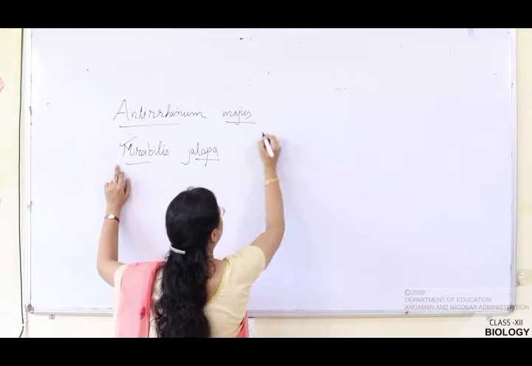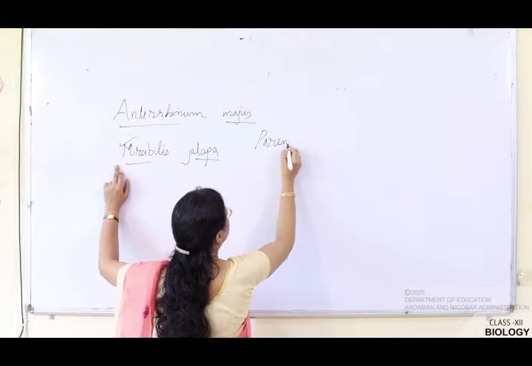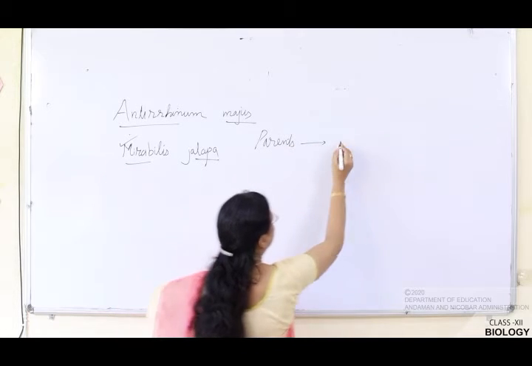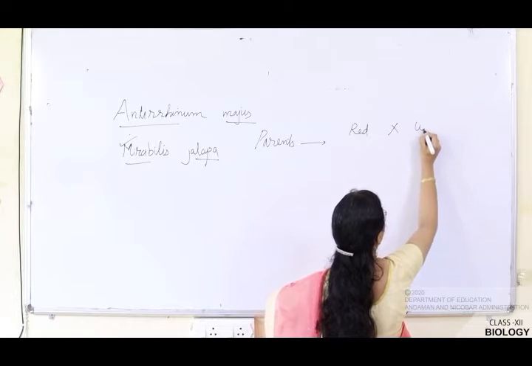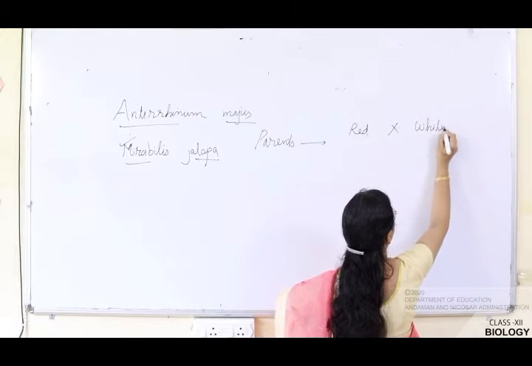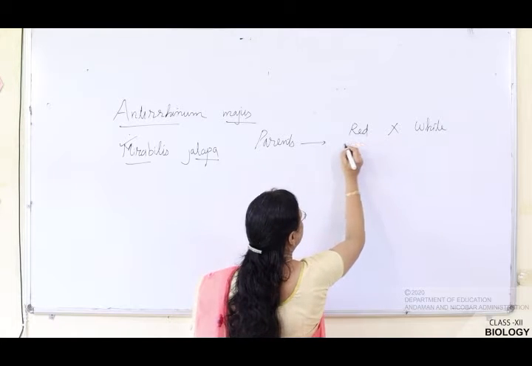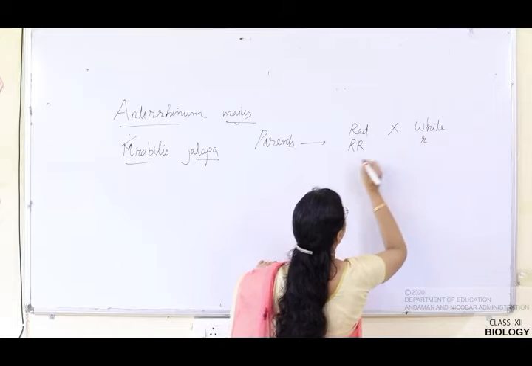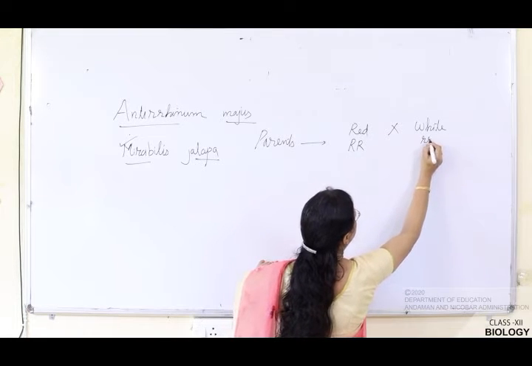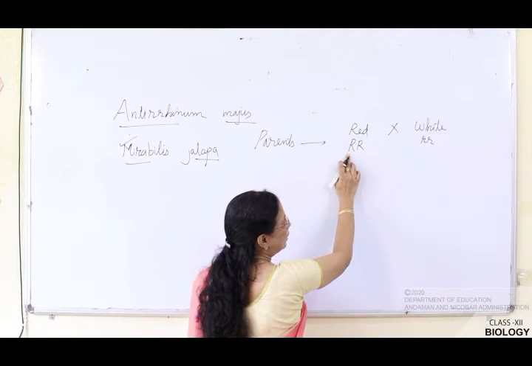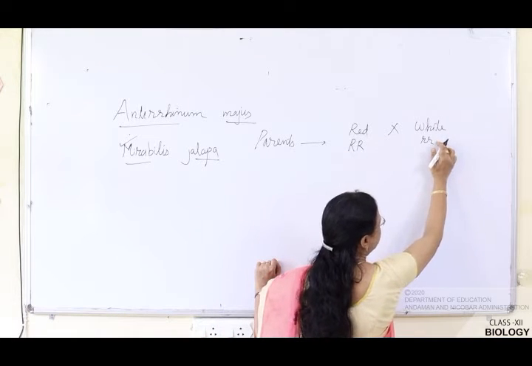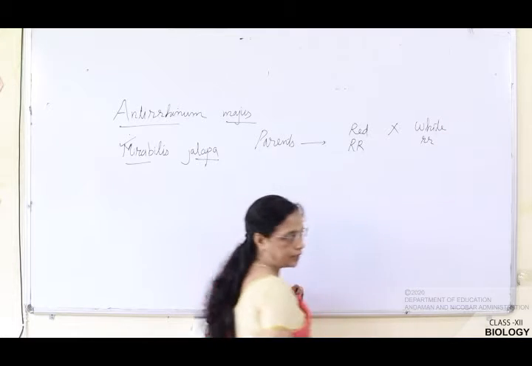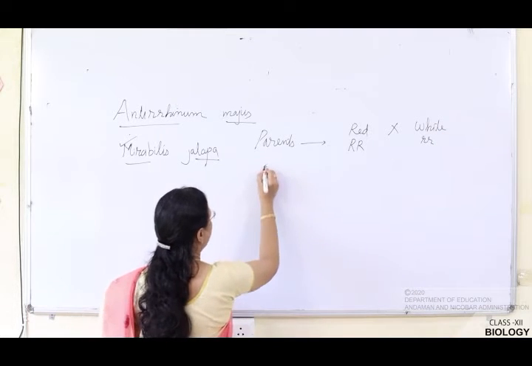Suppose we take the parent with red colored flowers, crossed with its contrasting trait, white. The genotype is capital R and the phenotype is red; the genotype is small r and the phenotype is white. Now, see the gametes.